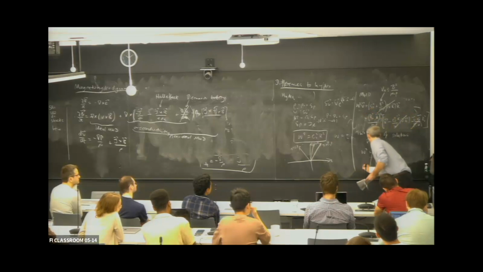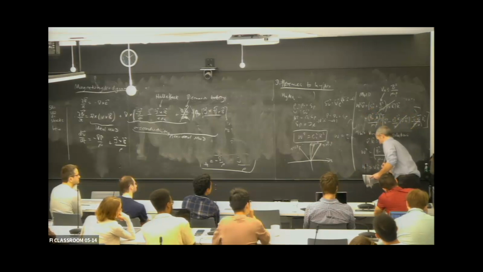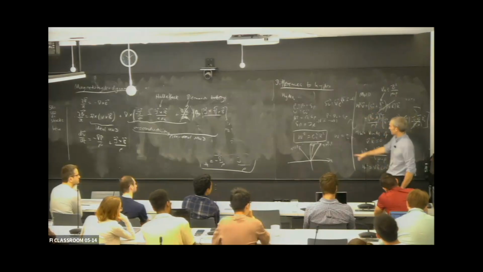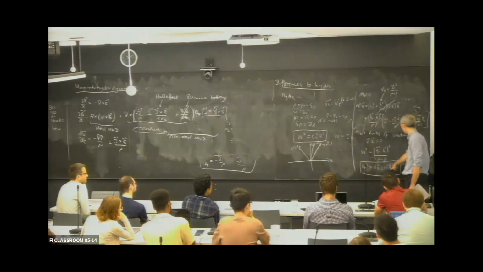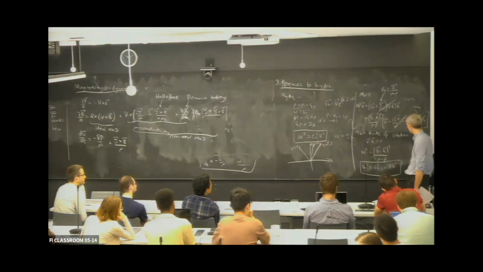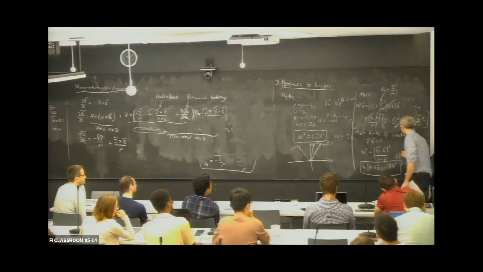So in other words, omega squared is VA squared cos squared theta k squared. So replacing my sound speed in the hydro equations, I've got something that depends on direction. It depends on cos theta, the dot product between the B field and the wave direction. These are called Alfvén waves.